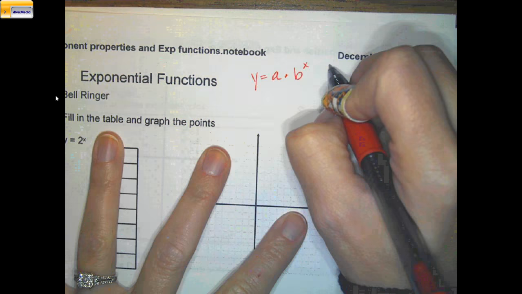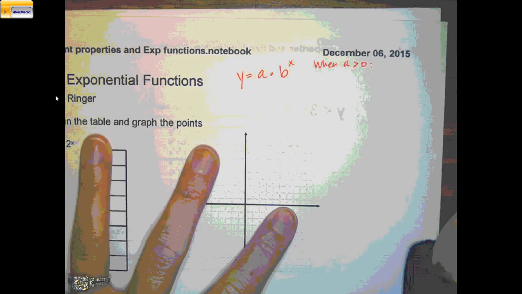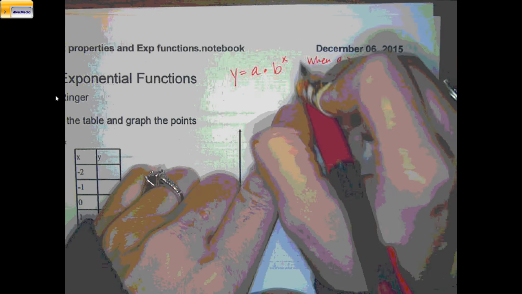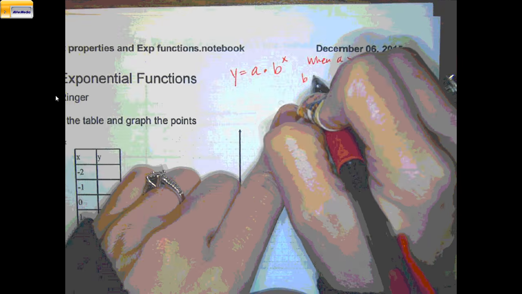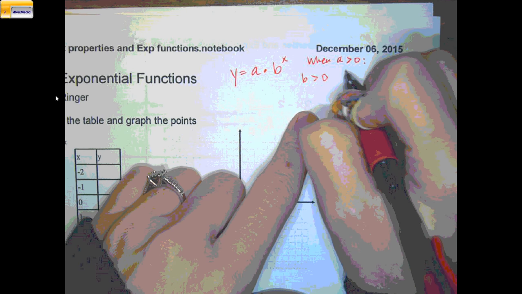When a is greater than 0, and in real life situations it will be, you are able to graph it if a is less than 0, but for real life application it's always going to be positive. If b is greater than 1, it's growth.